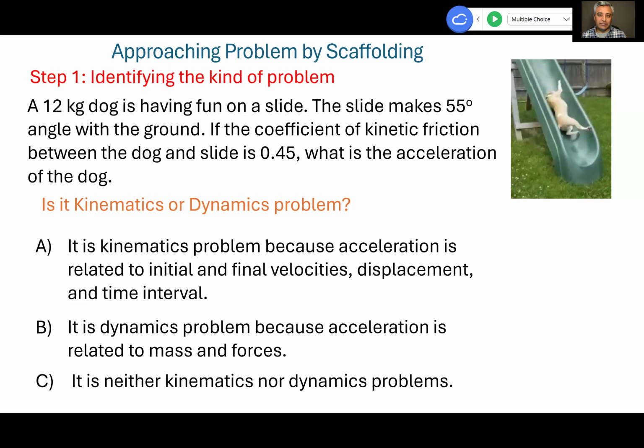So far we have learned two main concepts of basic physics, and whenever you see a problem, you need to think in terms of, okay, what basic physics concept can I use to solve this problem, right?